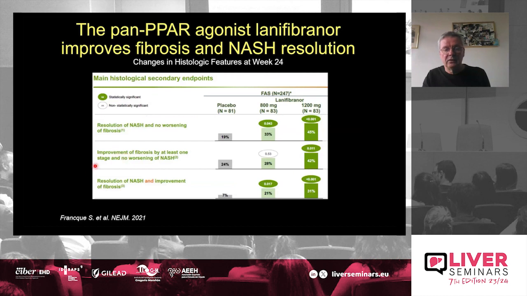And then finally, there is a pan-PPAR agonist, and so that hits alpha, beta, and gamma, that has shown quite interesting results in a phase 2 trial on the criteria recommended by the FDA to study NASH efficacy.